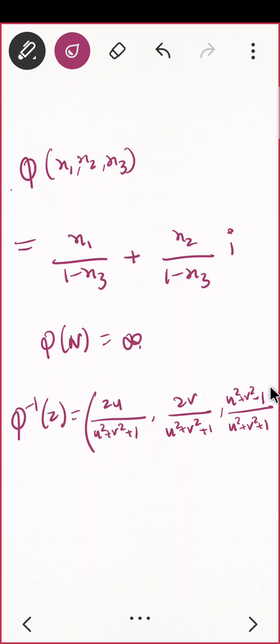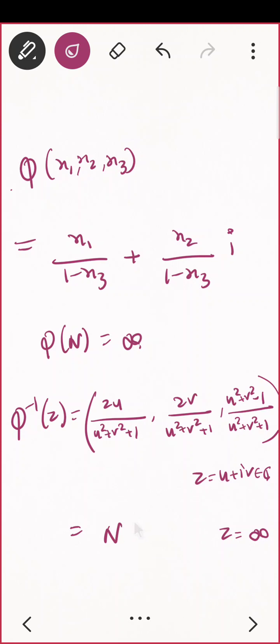This is where z equals u plus iv belongs to the complex numbers. Correct. And what if your z is infinity? Then it will map to the north pole. Correct, this is what it says.